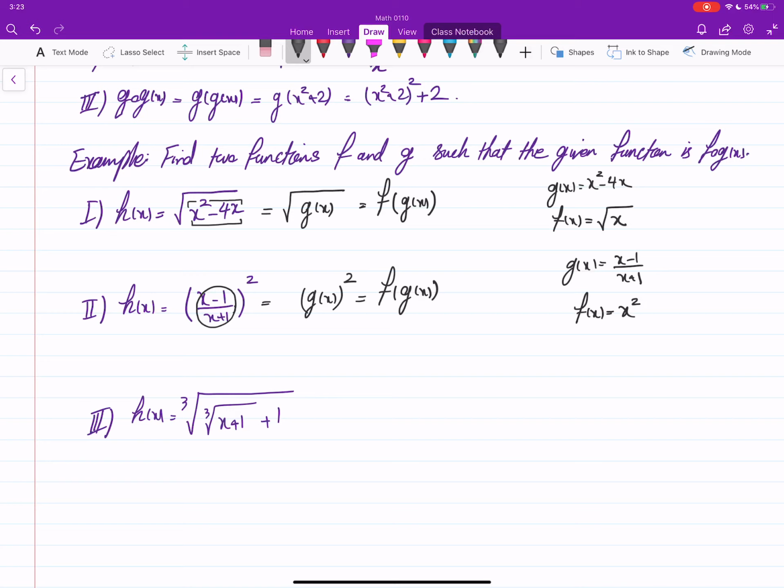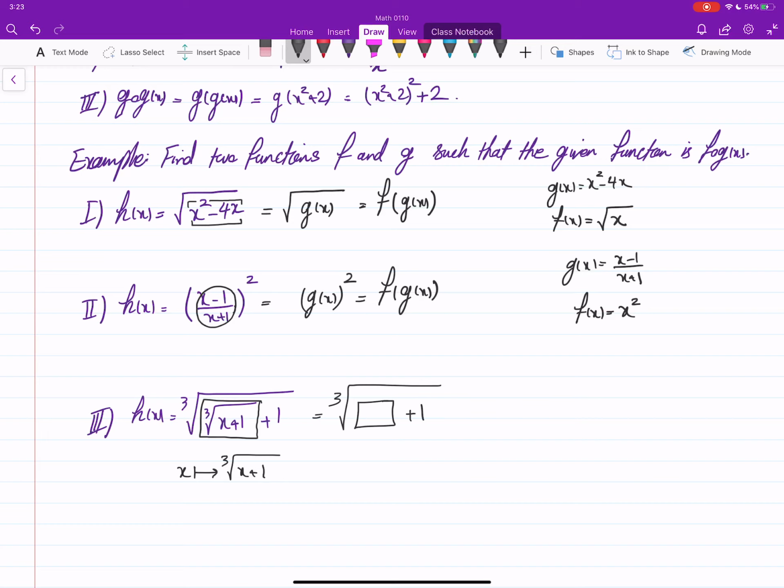What you can see here is this piece here. What does it do? It sends x to the third root of x plus 1, yeah? But the outside part is also like that. So you have the third root of this box plus 1.